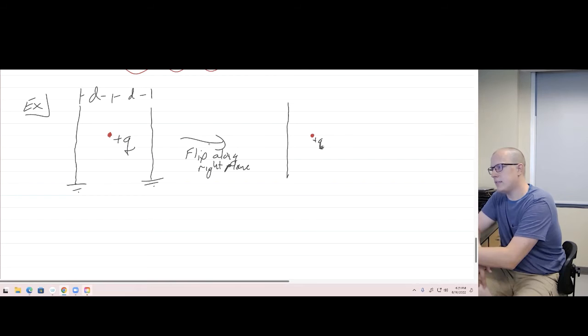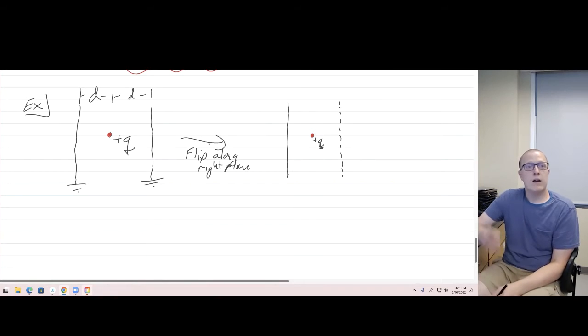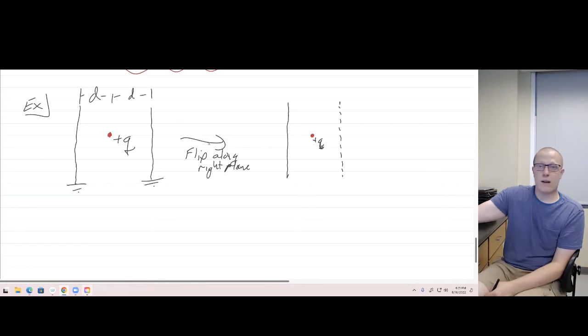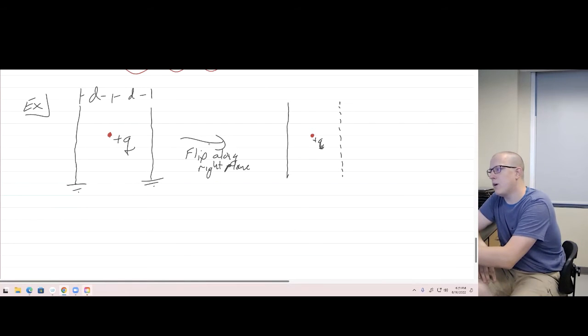That stays the same. And since we flipped it along the right side, we now no longer have the plane that was there, but we still have to mirror everything across the same way. So on the other side of that plane, I now have a negative charge. Put that right on the line there.